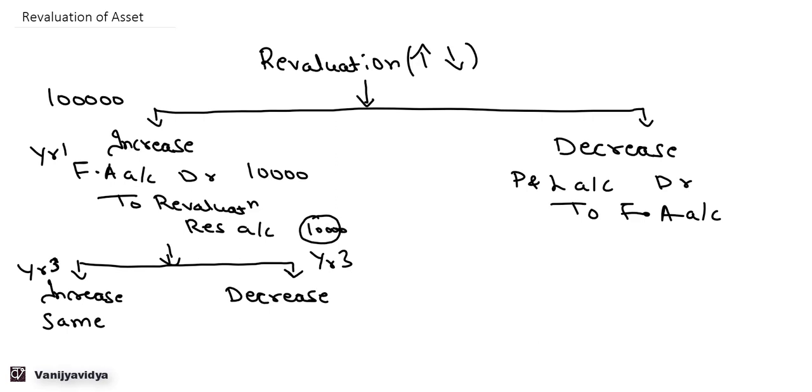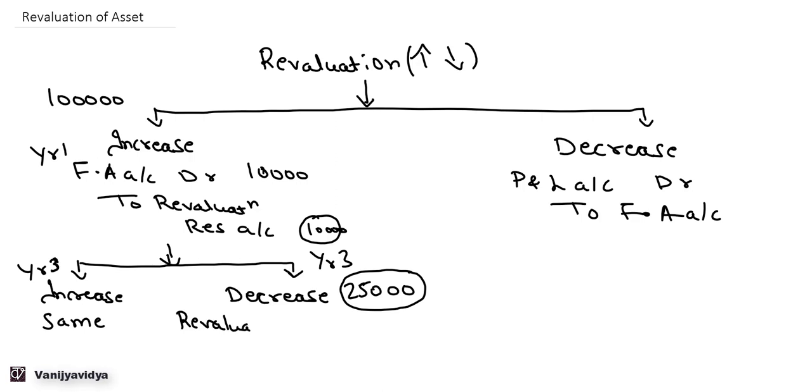Now subsequently in year 3 there was a downward revaluation and the asset value needs to be decreased by 25,000. Earlier the asset value was increased by 10,000 in year 1, but now it needs to be decreased by 25,000. So what we do is, whatever is available in the revaluation reserve, we utilize that.